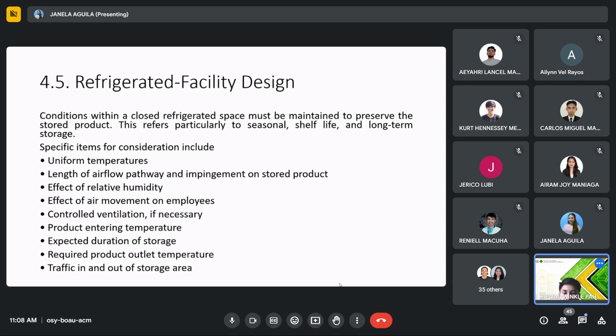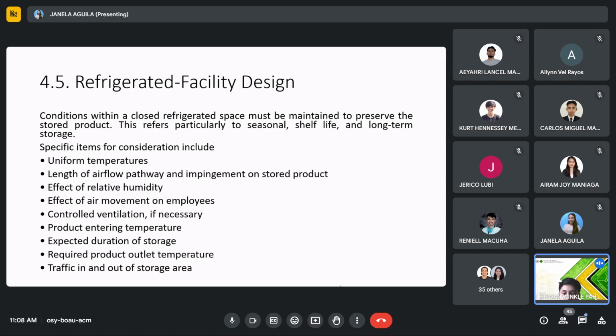Control ventilation, if necessary: providing adequate ventilation to remove heat, moisture, and any contaminants that could affect product quality or employee safety. Product entering temperature: accounting for the temperature of products entering the storage area to ensure that the refrigeration system can maintain the desired storage temperature.